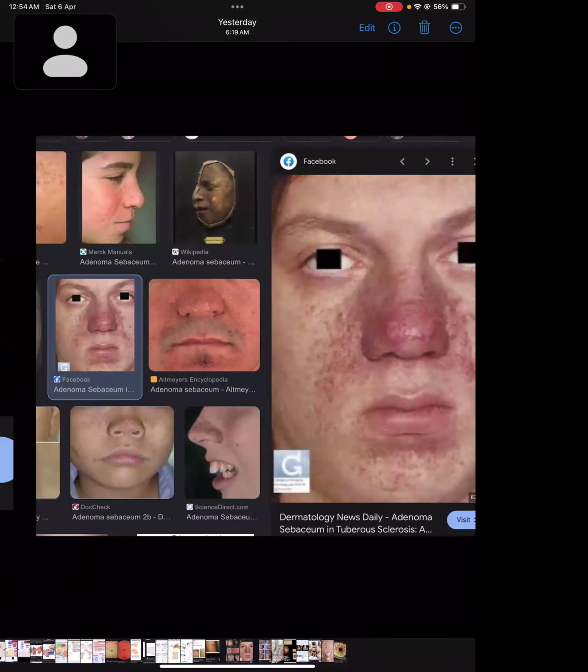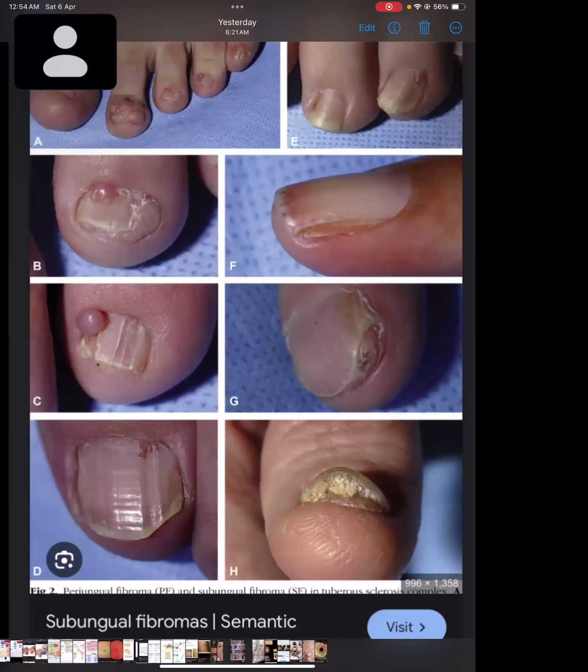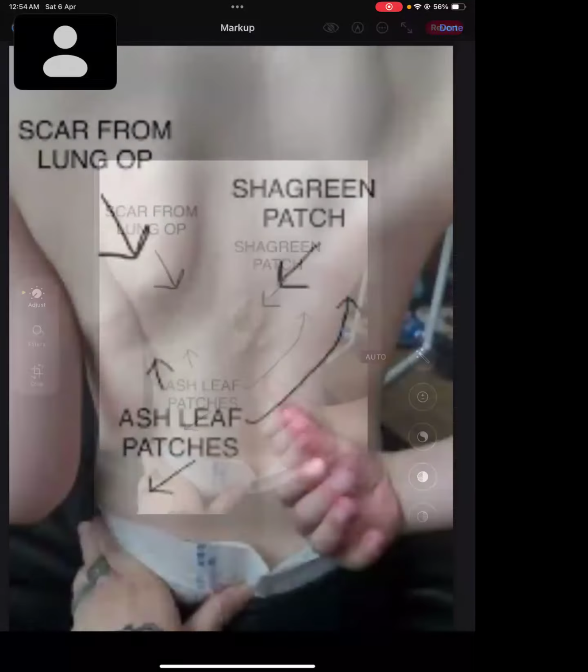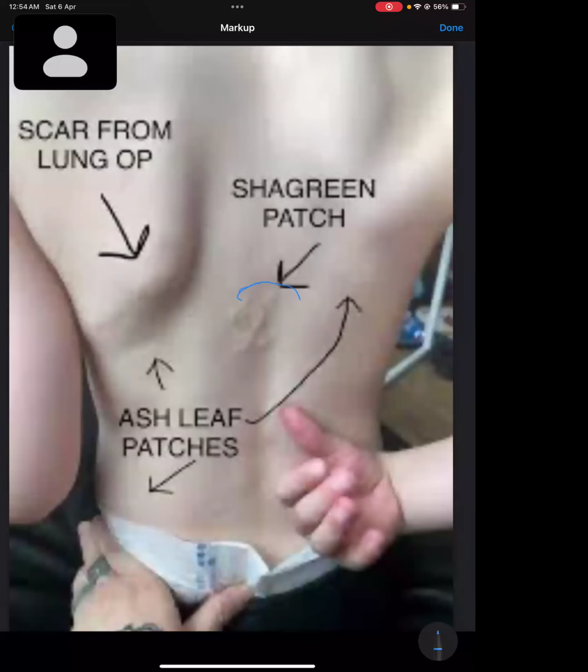Now I told you there will be some thickened skin patches. See, shagreen patch. This one is known as the shagreen patch. If you can see from here, this is the thickened skin patch. It usually comes on the lower back, in the lumbar area. So this thickened skin is known as the shagreen patch.